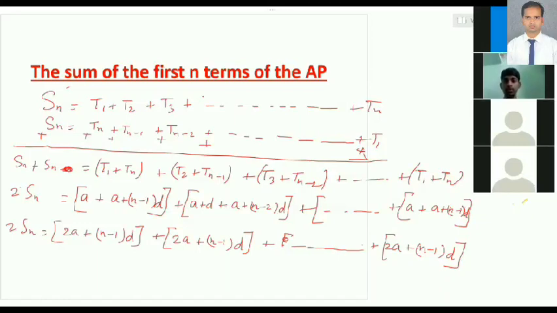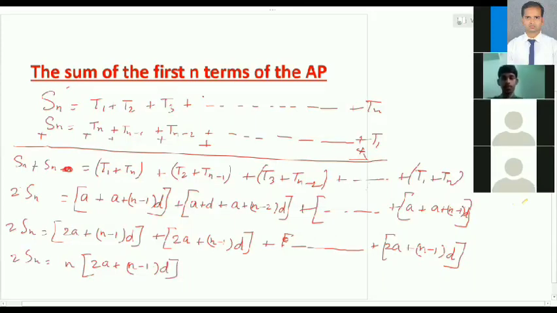It means, if you add 1, 1, 1, 1, 1 n times, what will you get? n. If you add 2, 2, 2, 2, 2 n times, what will you get? 2n. In the same way, here this 2Sn will be equal to n times of this same thing, n times of 2a plus n minus 1 into d.